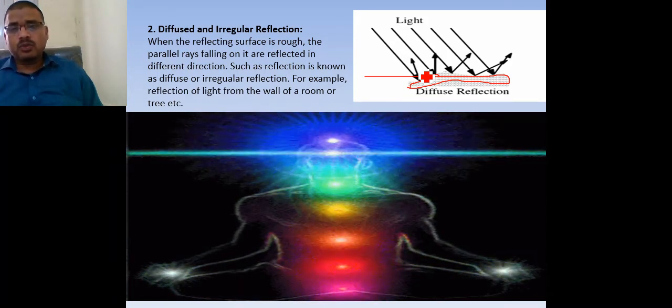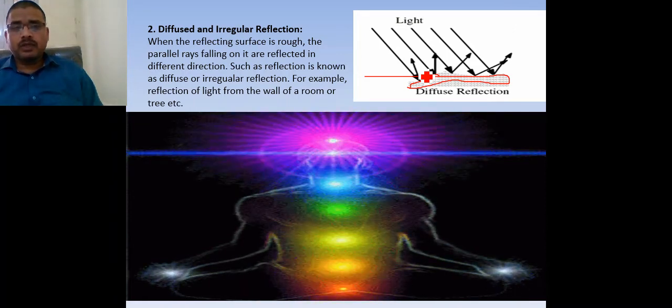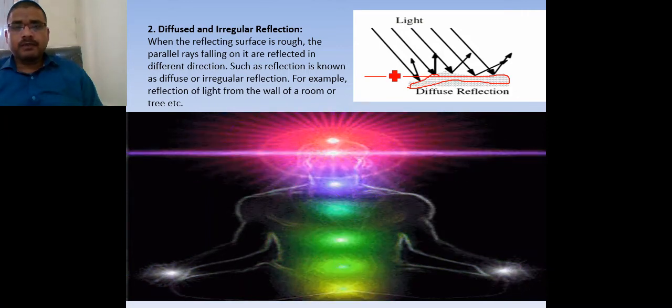So this kind of reflection is basically called diffuse reflection, or irregular reflection.